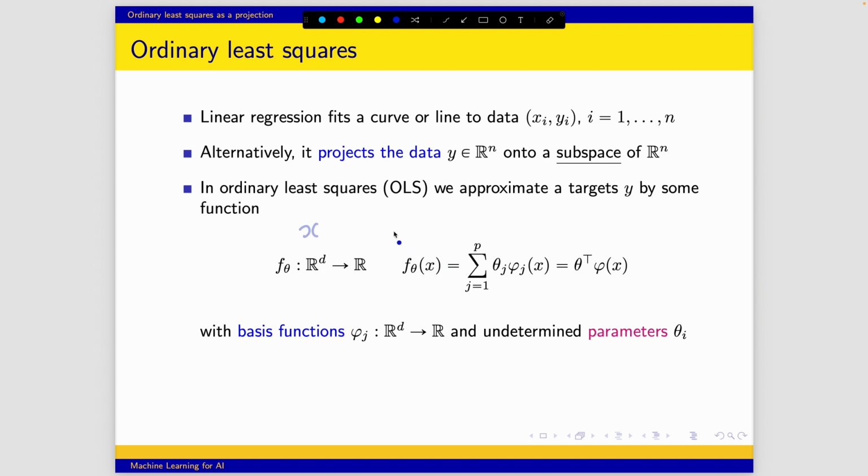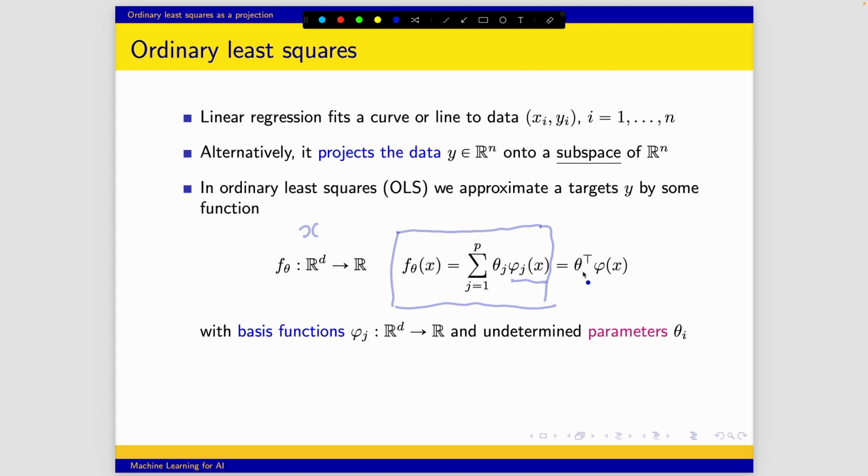And this is the particular form that we assume. It's a linear combination of some basis functions, these psi j. We specify these functions of x. And we have a linear combination, this sum. Each one is multiplied by some coefficient or parameter, theta j.